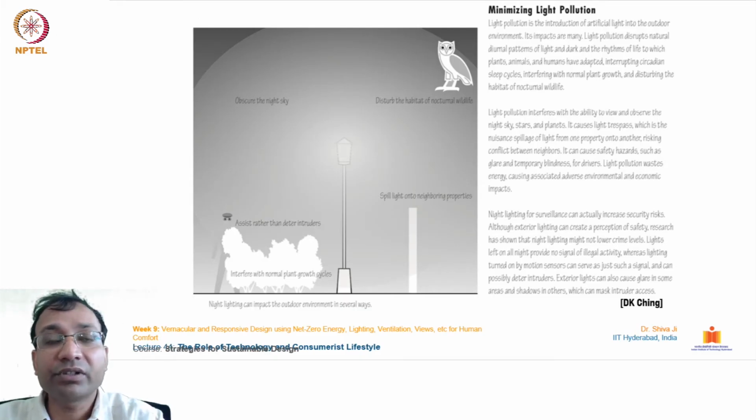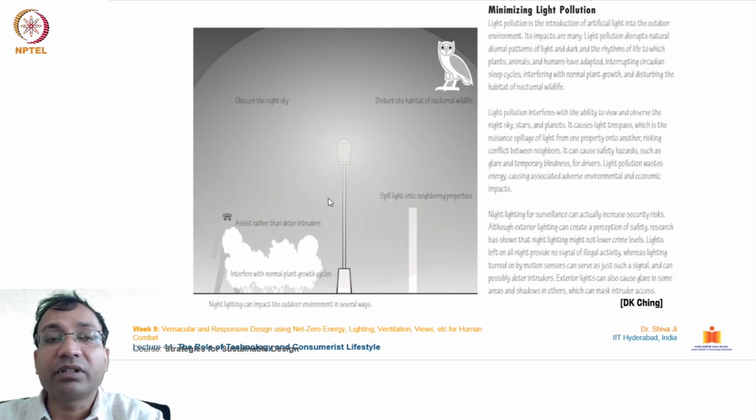So you see this illustration, which talks about the lighting we generally use at night time, and how it becomes a polluting thing for nocturnal life, like wildlife and birds. They get a disturbance in their sleeping pattern, and in their normal activities they feel disturbed.